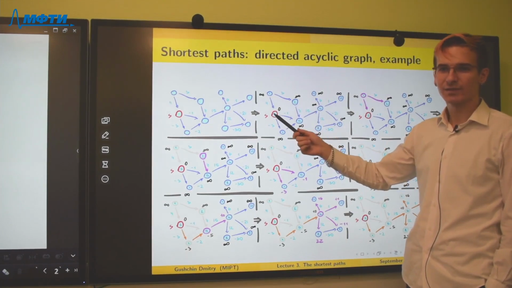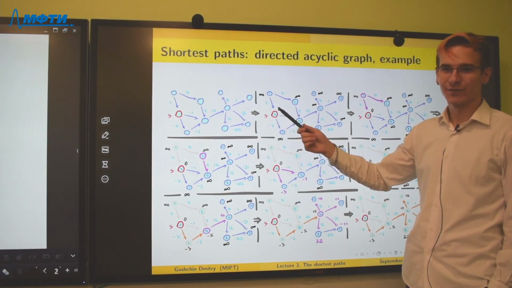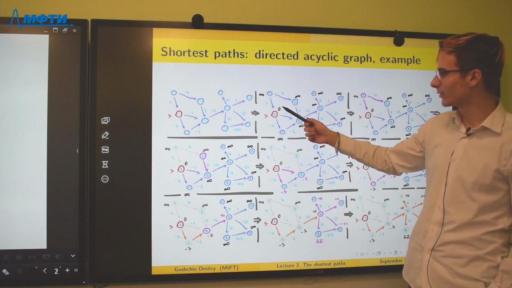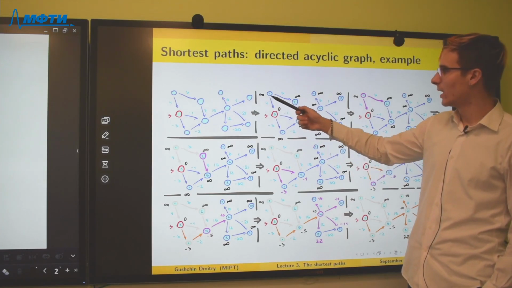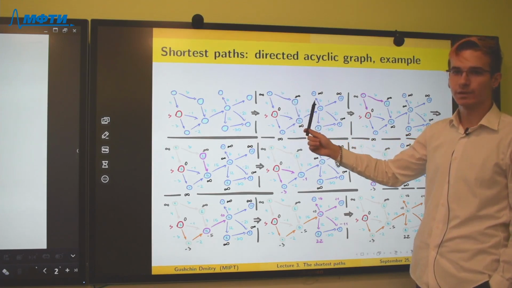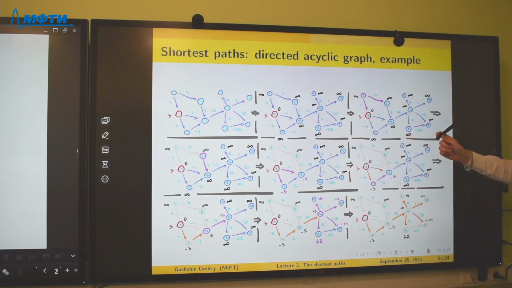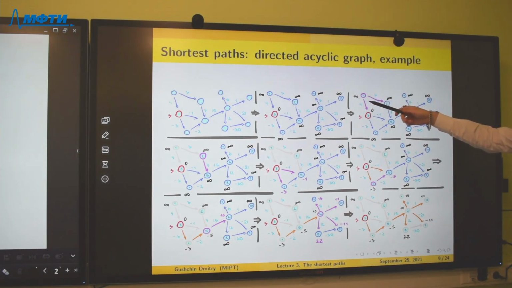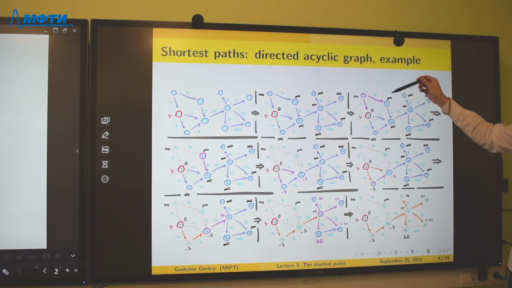Nice. Okay. And so initially we know only one distance, between S and S, of course. We say that it is equal to 0. And other vertices have distance equal to infinity. So then we start with vertex 1 and relax all edges incident to this vertex.